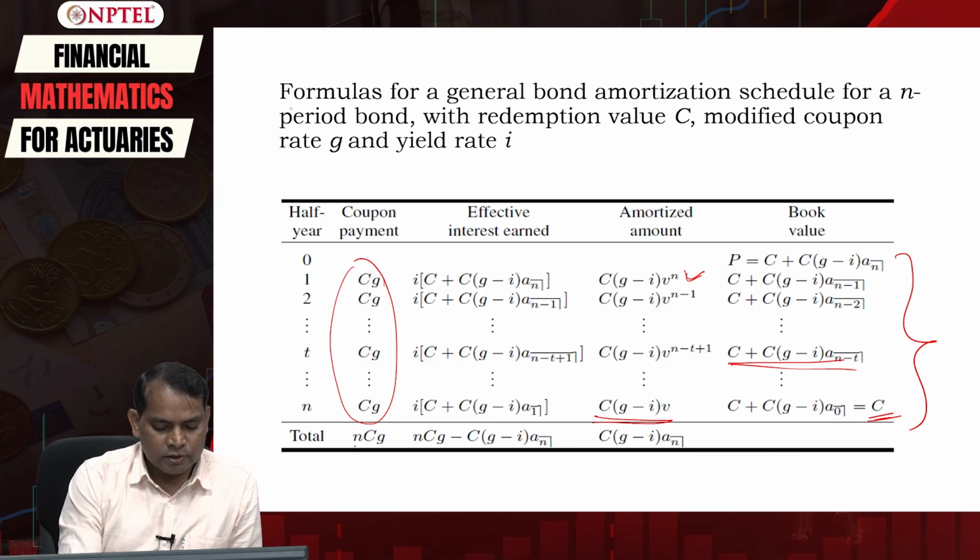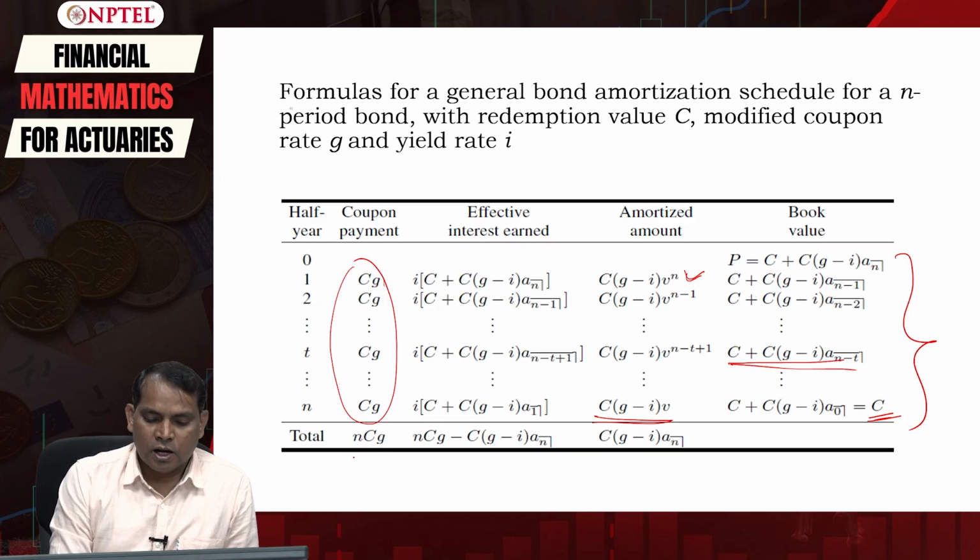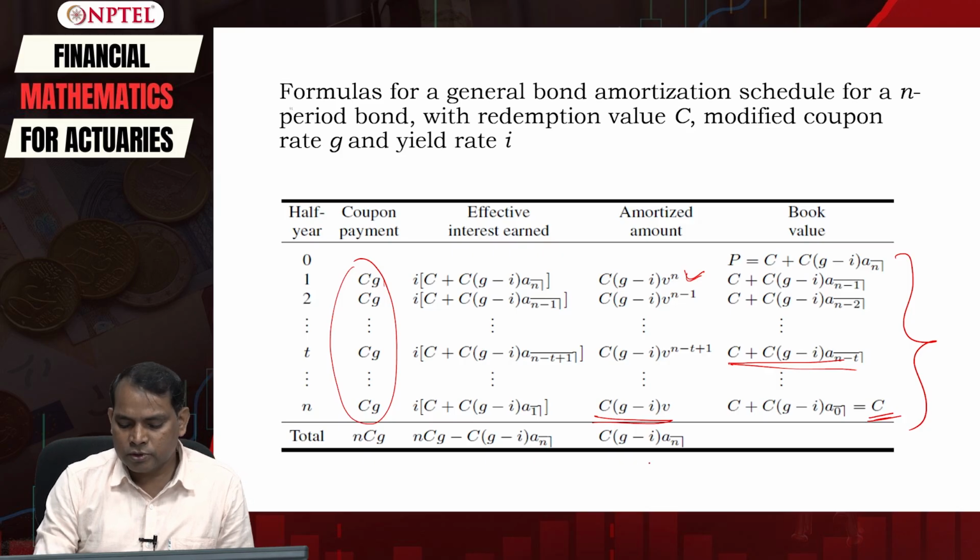The total coupon payment in generic form is n times CG, and the effective interest earned is nCG minus C(G minus I) a angle n, and the amortized amount is C times (G minus I) a angle n.